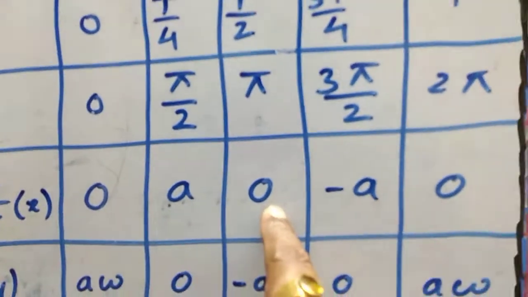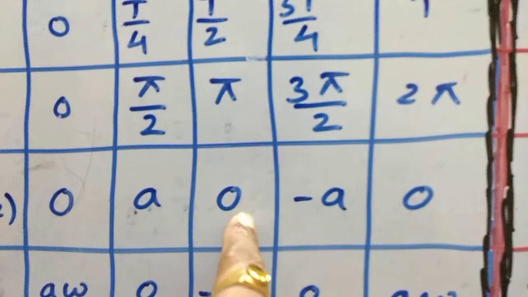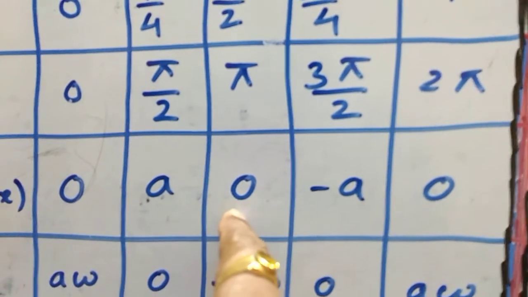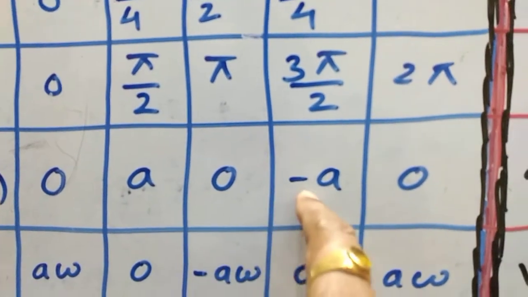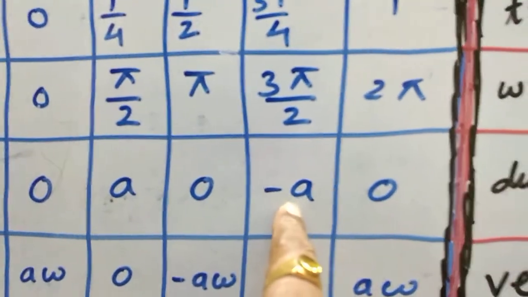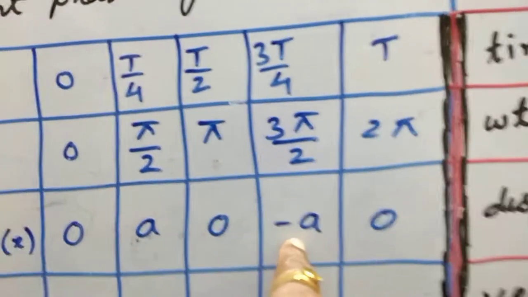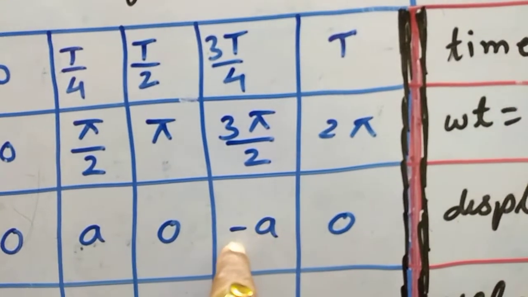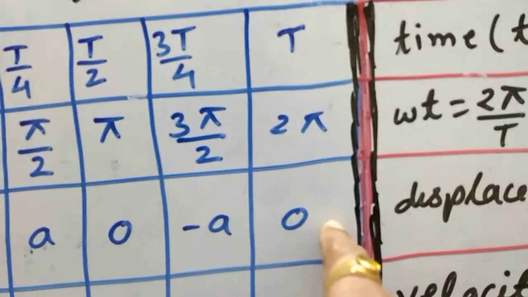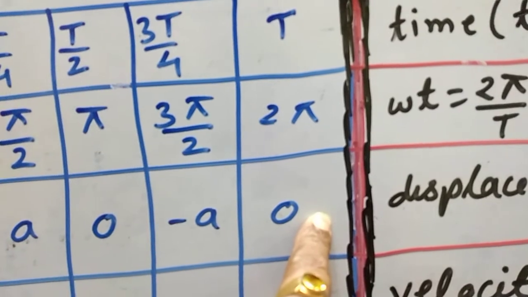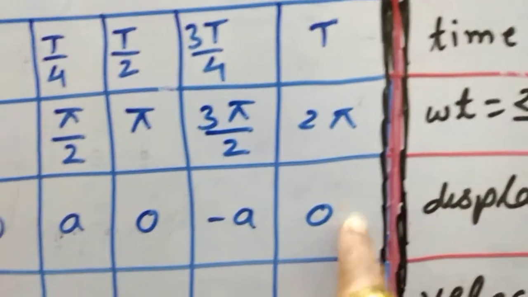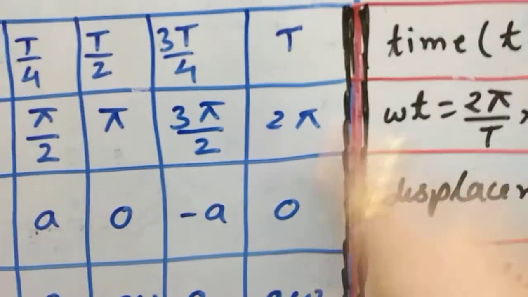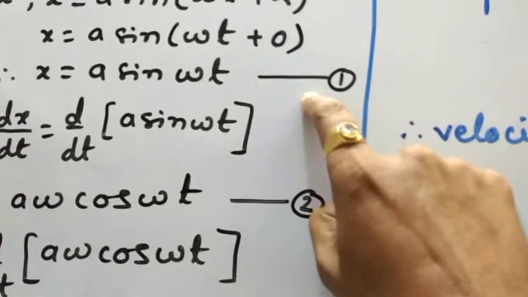Sine pi is equal to 0, so a multiplied by 0 is equal to 0. Sine 3 pi by 2 is equal to minus 1, so therefore displacement is a multiplied by minus 1, which is equal to minus a, and for 2 pi, sine 2 pi is again 0. So in this way displacement is calculated from equation number 1.